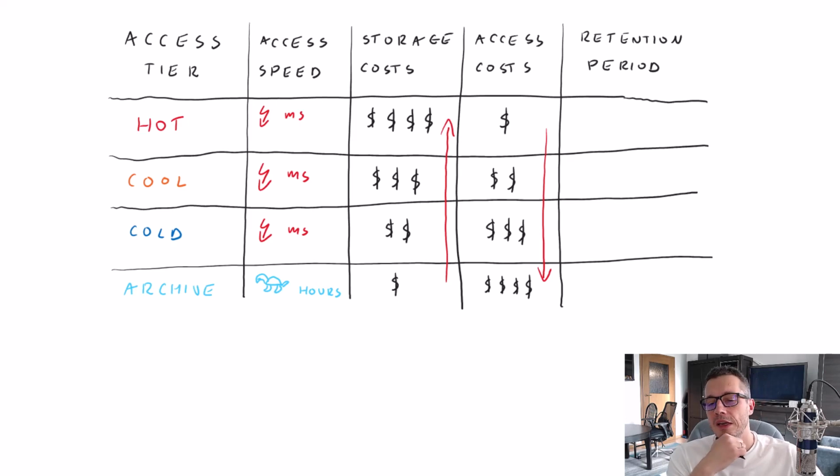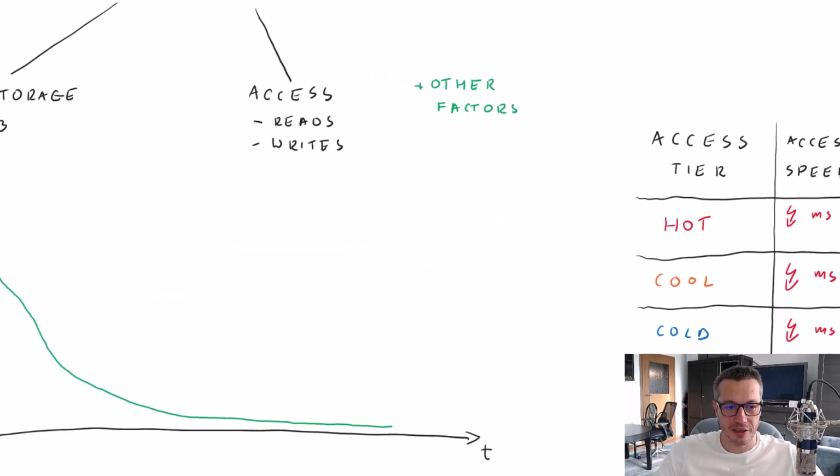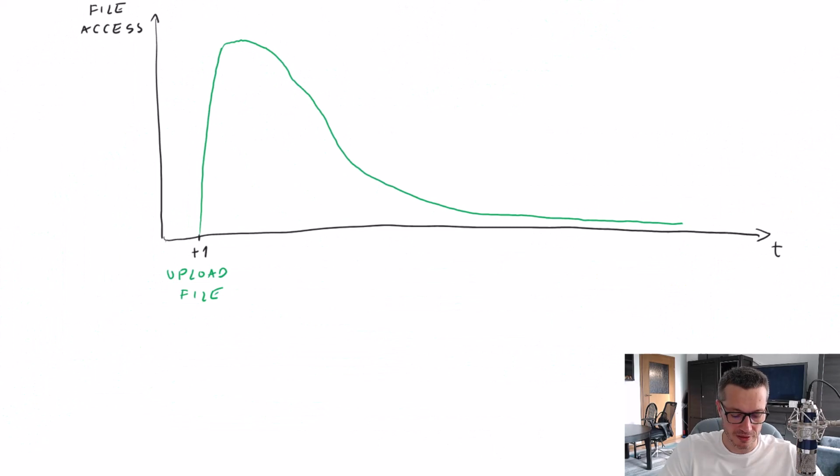So if you think about those access tiers, all right, but how to use them? When to use them? So it's like this. Actually, let's move to our diagram, this one, that shows the life cycle of our data. So at the beginning, when we start working with some file, maybe we are in this area, we would like to use hot access tier.